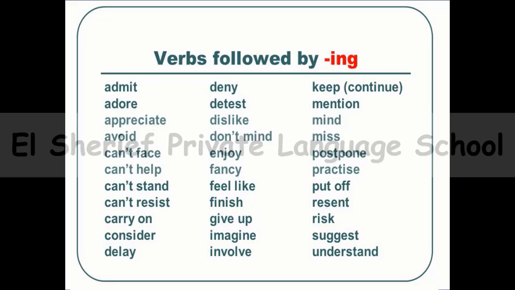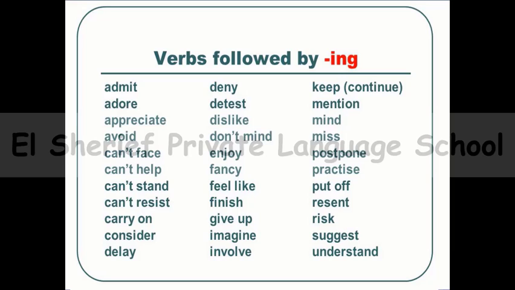I can say that I stopped walking to buy a cup of coffee. And another example, the teacher always asks us to stop talking. So we have here the verb stop. In the first example, it's followed by to plus infinitive, and according to the meaning, I stopped to buy a cup of coffee.